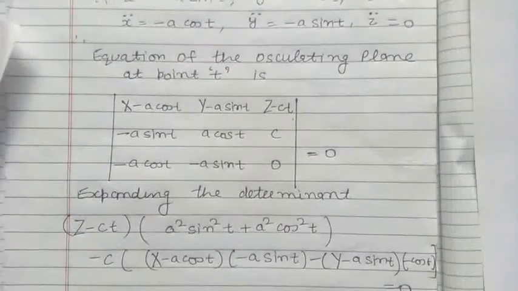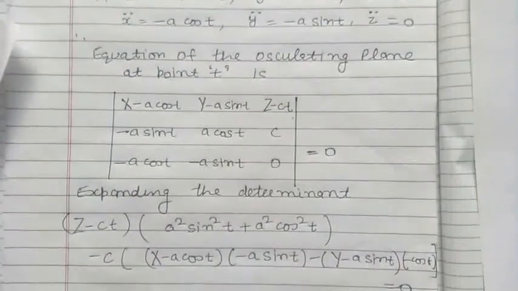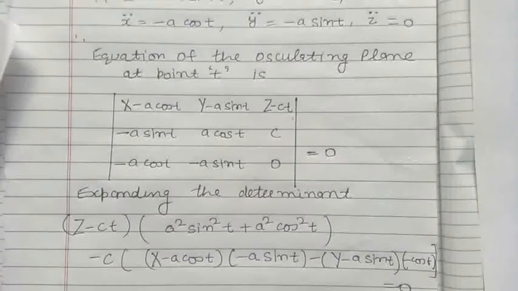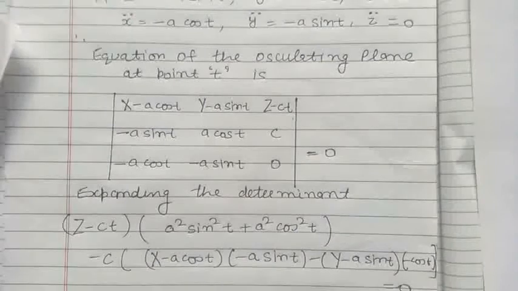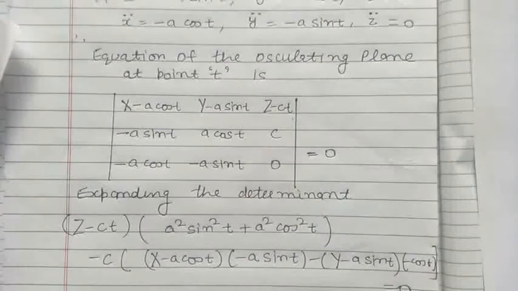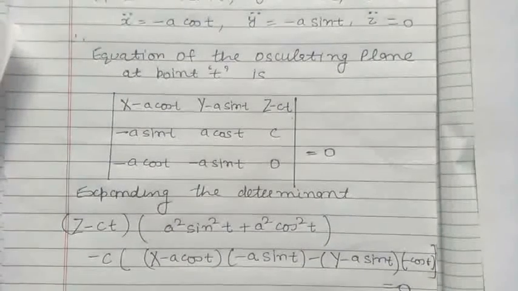So in this way we get the equation of the osculating plane at the point t of the helix. So this was how we can find the equation of the osculating plane at a point on the curve. Thank you.